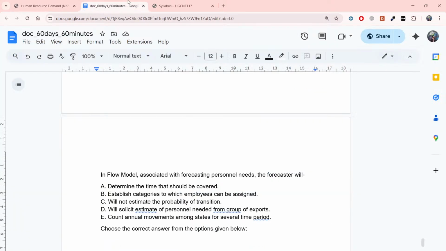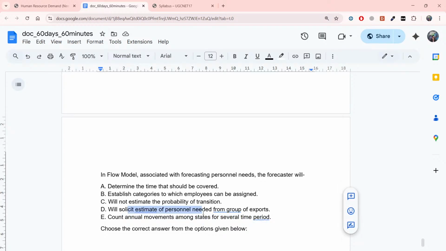Let's see. Determine the time that should be covered, establish categories to which employees may be assigned. Yes, we will not estimate the probability of transition. False. Count annual movements among states from several time periods.